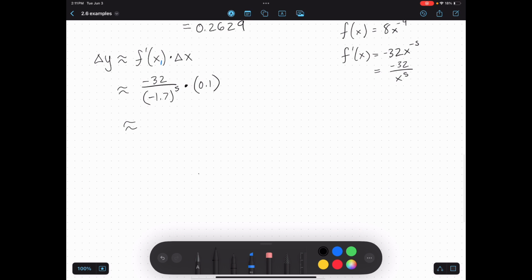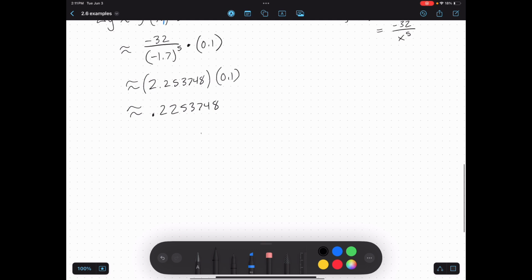When I throw that into my calculator, I get 2.253748 multiplied by 0.1. Multiplying by 0.1 just moves my decimal place over, so I get 0.2253748.